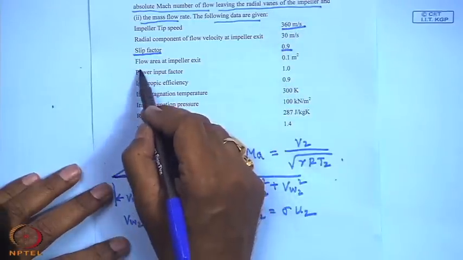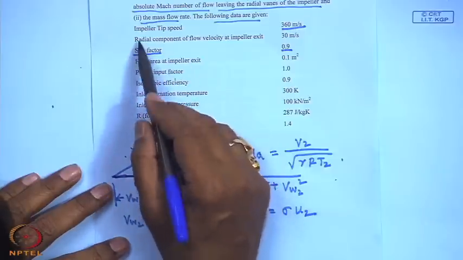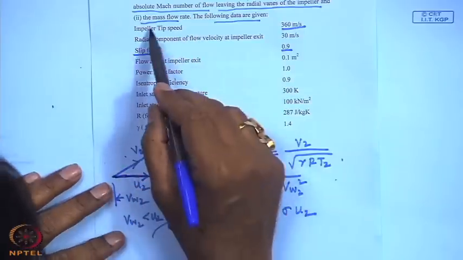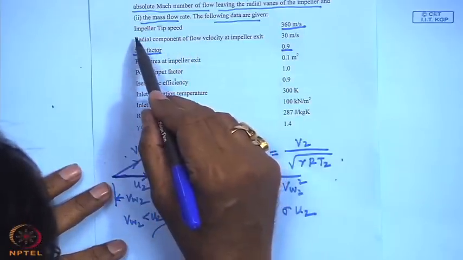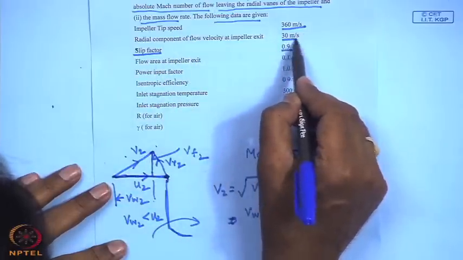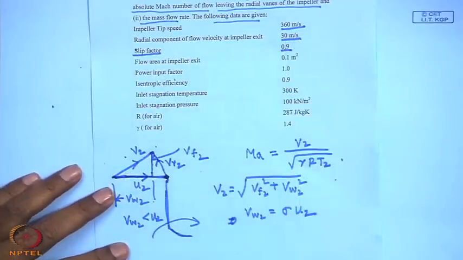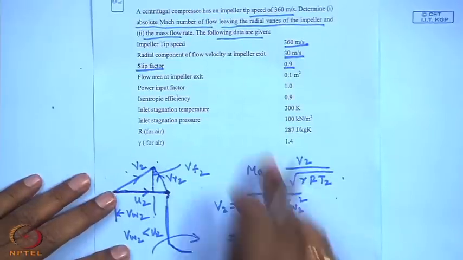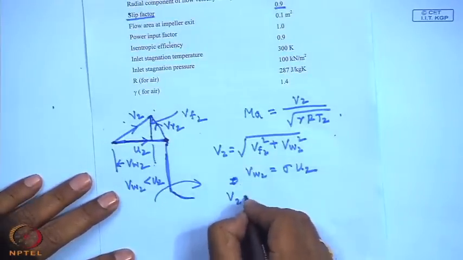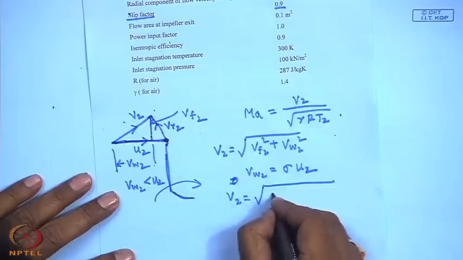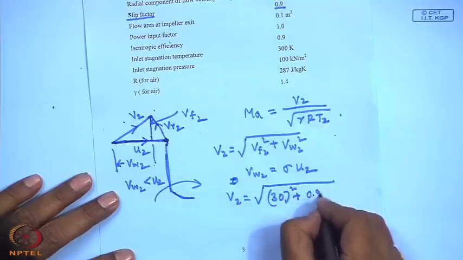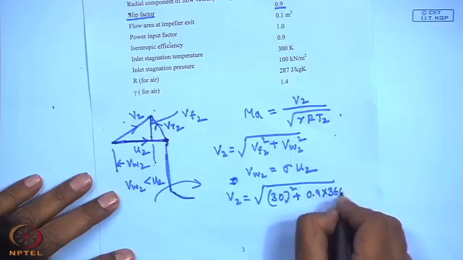VF2 is not given directly; the impeller tip speed is given, and the radial component of flow velocity is given. VF2 is 30 meter per second. You see that VF2 is 30 meter per second. So therefore you get V2 is equal to root over 30 square plus 0.9 into 360 square.